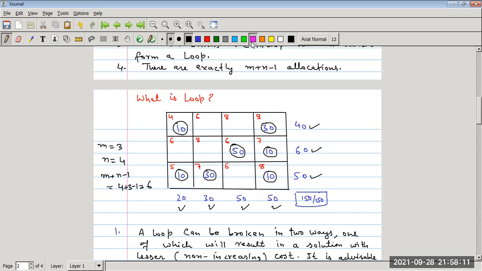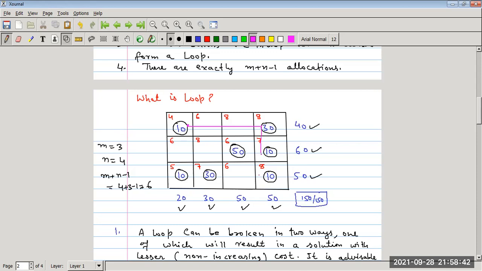Now, how can we check that they form a loop? If we start from any one of them, for example from here, we have to move horizontally or vertically. So we move from this point to this point horizontally. And then, because there are three allocations, we can go directly to this point without stopping at this station.